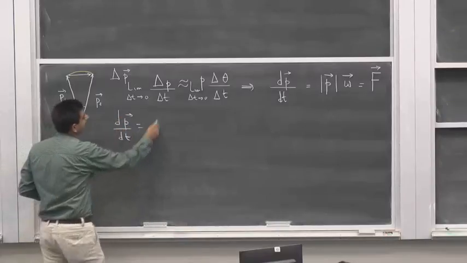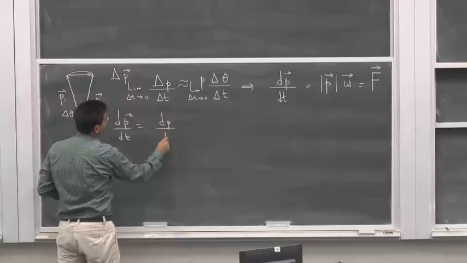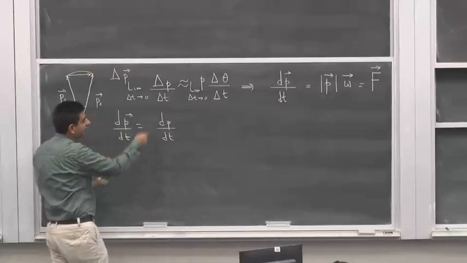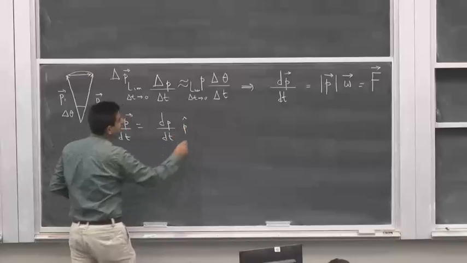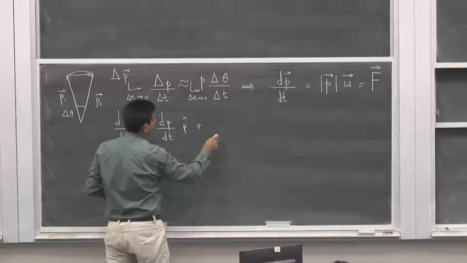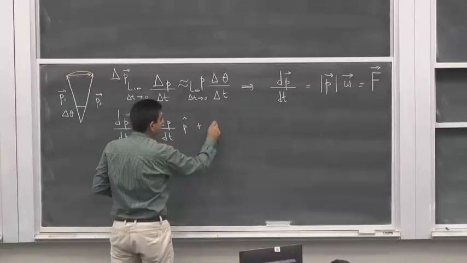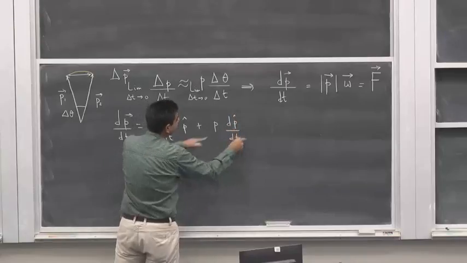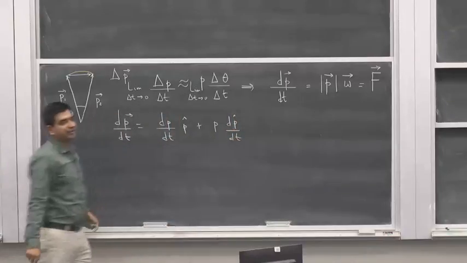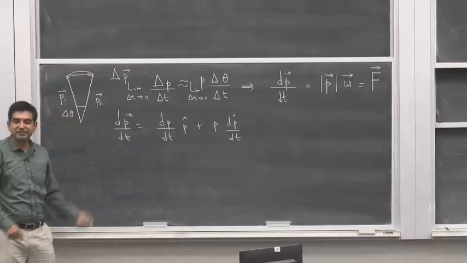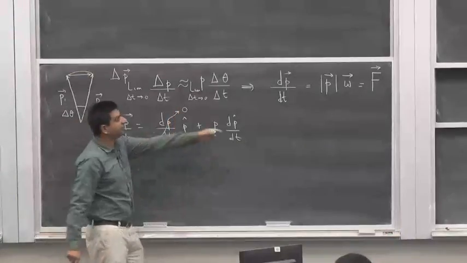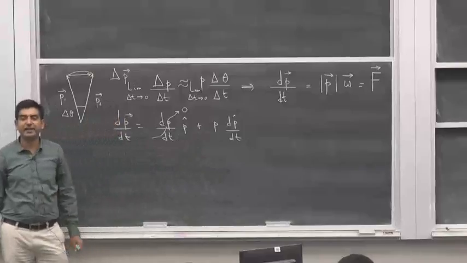You can have a change in the magnitude of the momentum, without the vector sign, in a particular direction, or you could have P times the change in the unit vector. So this is a change in the direction and this is a change in the speed. But the speed is not changing here, so this term is really 0. So what is really changing is the unit vector's direction.